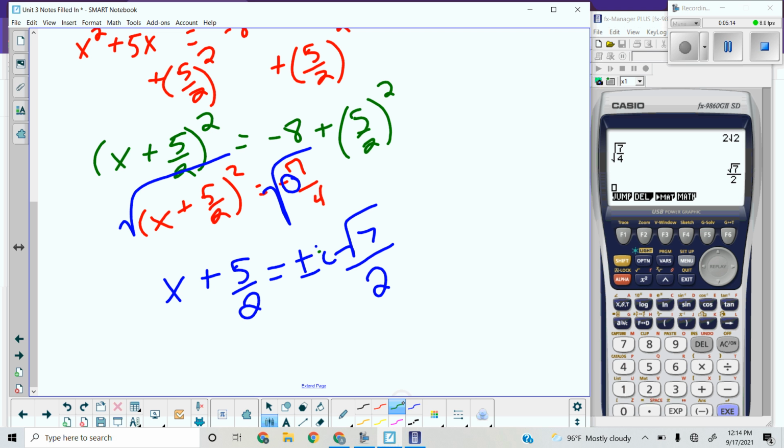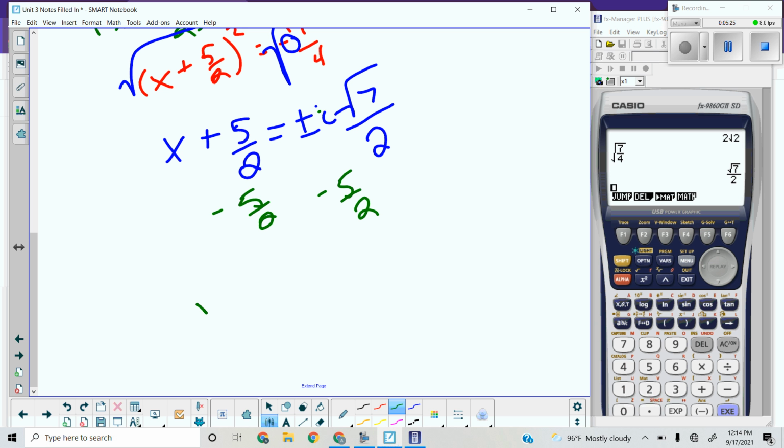Now we can move that 5 over 2 over by subtracting it. So x equals, we're going to put our negative 5 over 2 in the front, plus or minus i square root of 7 over 2.